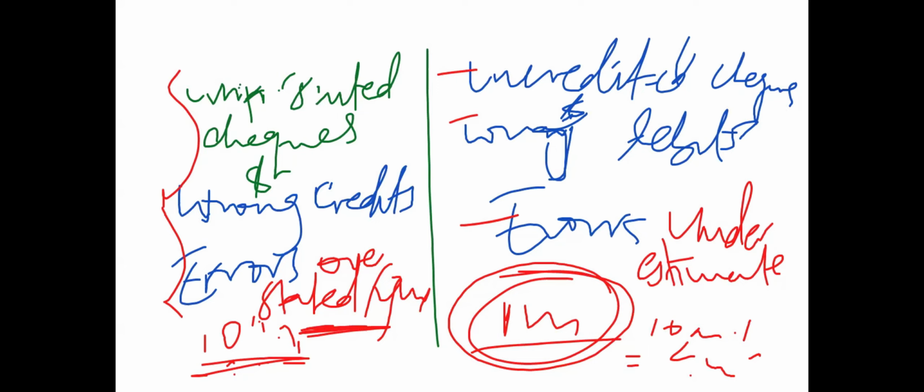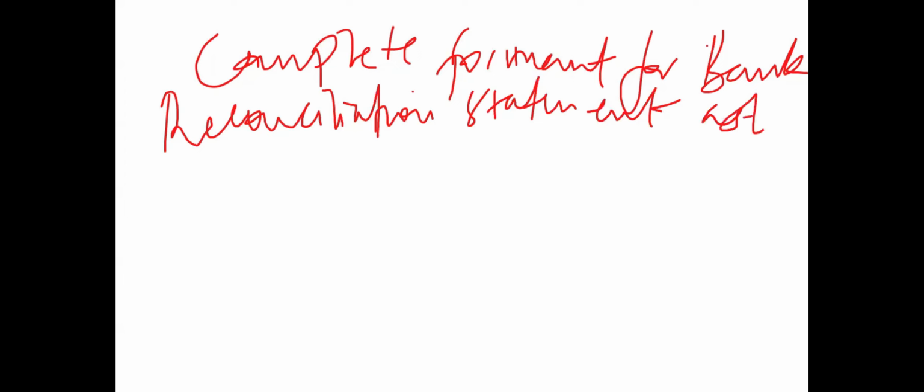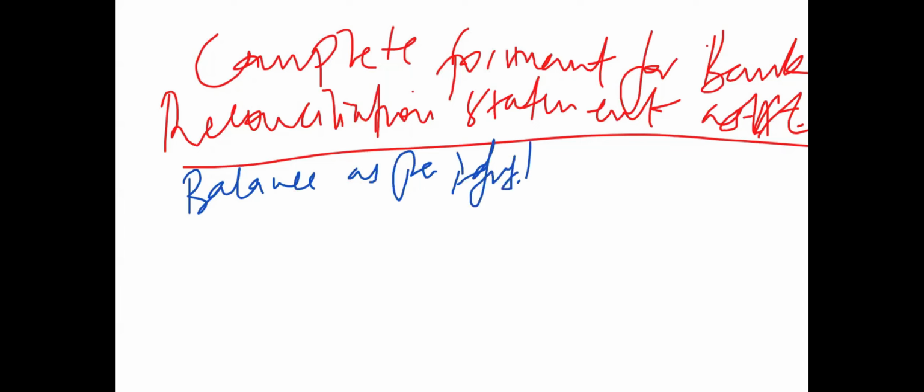So let's look at the complete format for bank reconciliation statement, as at, we put the date. Of course, as I said, we are taking the other format of starting with the balance as per adjusted cash book. Balance as per adjusted cash book, that figure, then we add back.